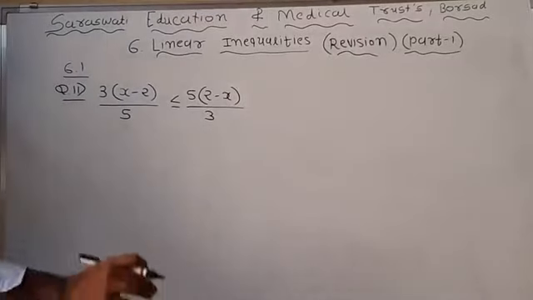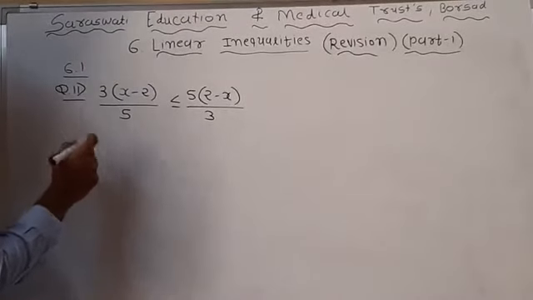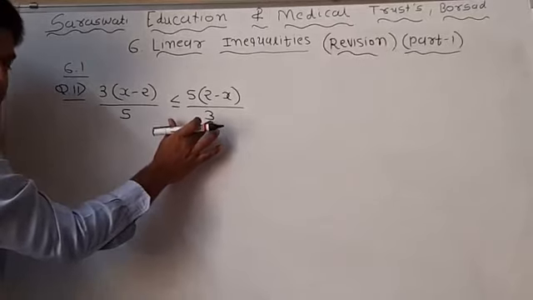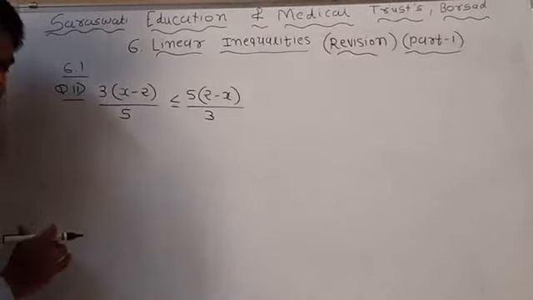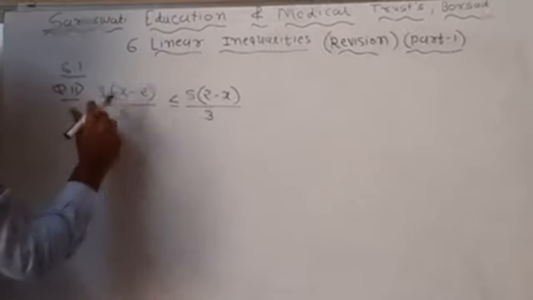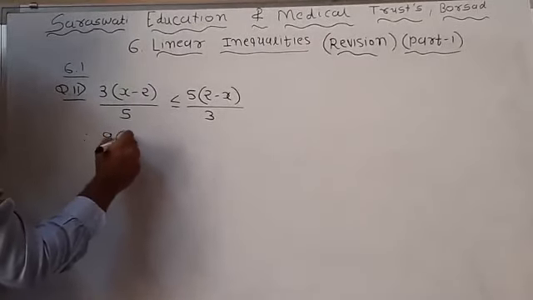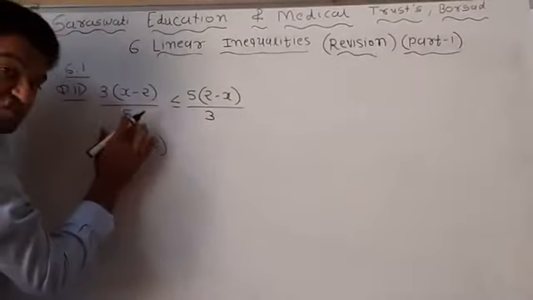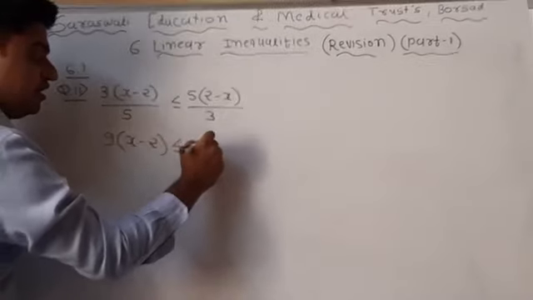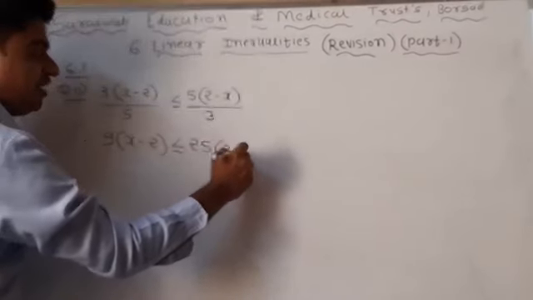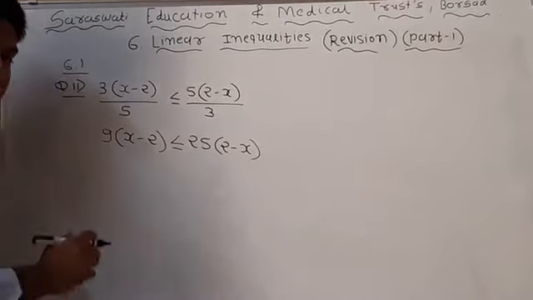So how can we solve this question? Our first step, multiply 3 on the opposite side and 5 on this side. So 3 3s are 9 into bracket x minus 2 less than or equal to 5 5s are 25 into bracket 2 minus x.